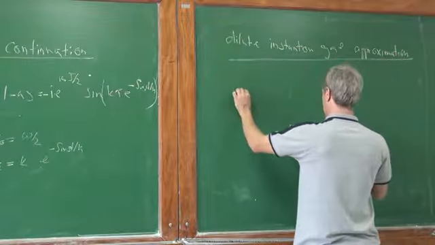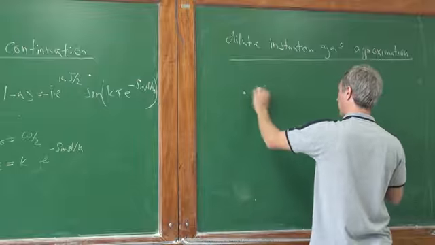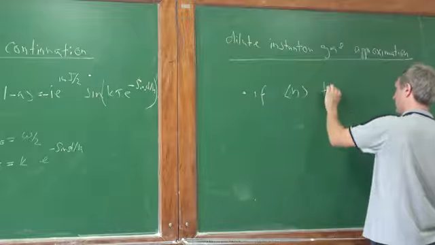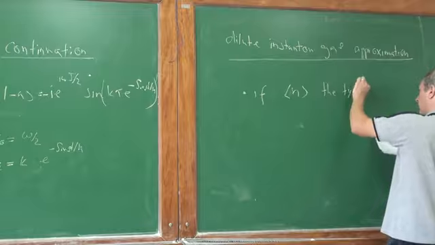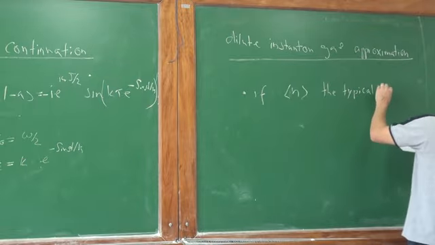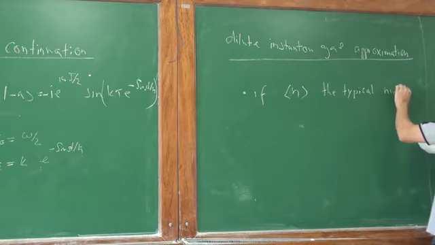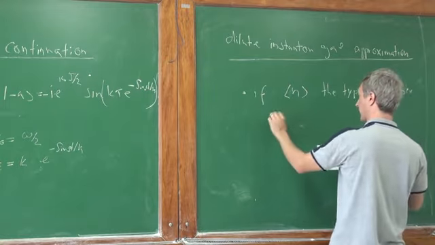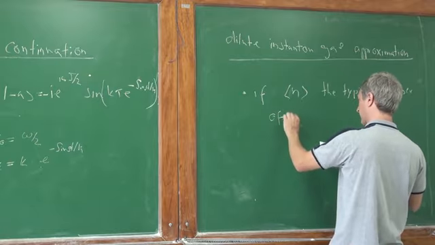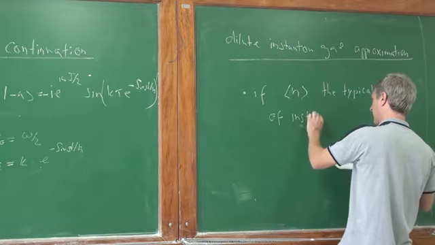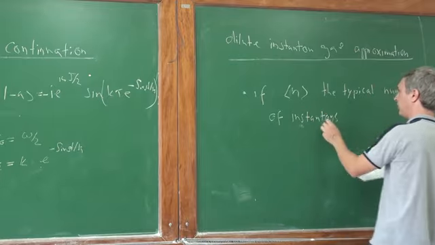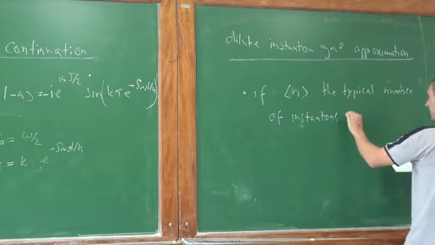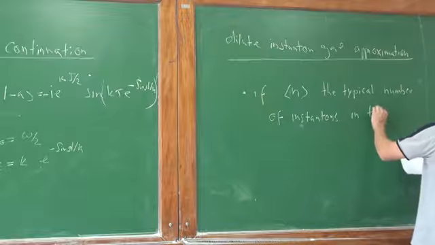So let's introduce some notation. Let's call this average n the typical or average number of instantons that contribute to this transition amplitude for a given time tau.